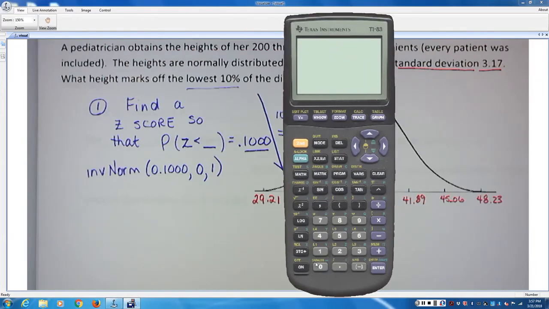So here we're going to go inverse norm, with 10% in the lowest part of the curve, with a mean of 0 and a standard deviation of 1. And it says the z-score is negative 1.28155.